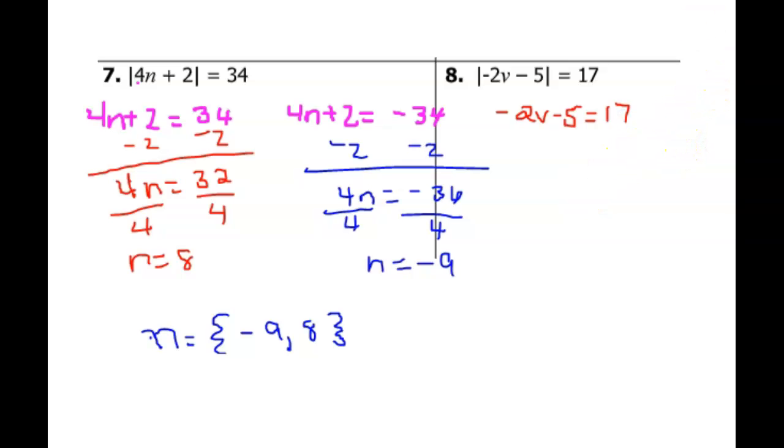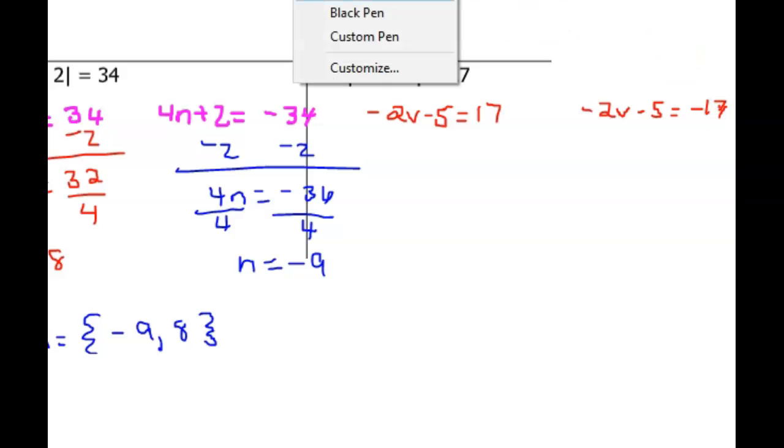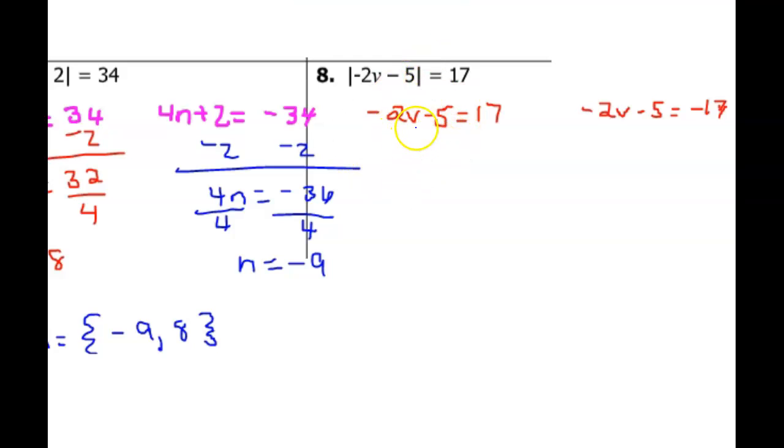Then I'm going to do the same, and I need a little bit of space, so I'm going to move this over. Negative 2v minus 5, but I'm going to set it equal to the negative of what's on the other side, negative 17. Now I am going to go to the left side and go through my steps.